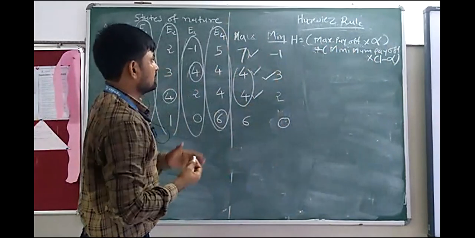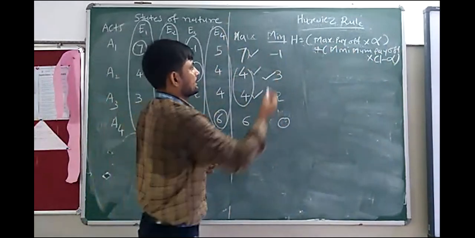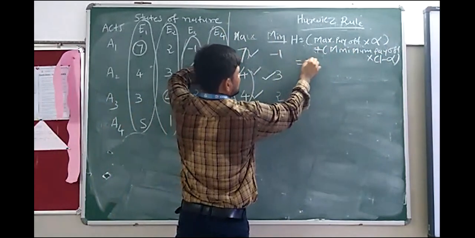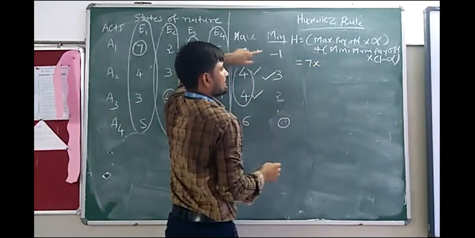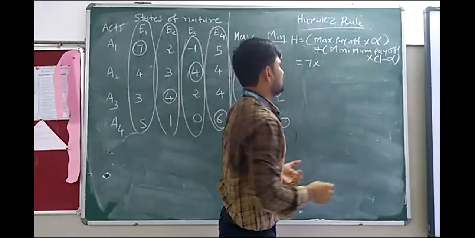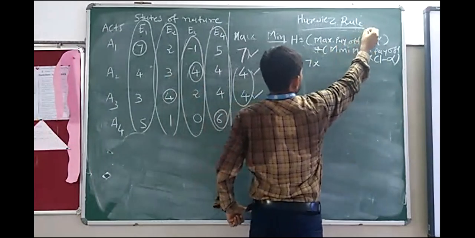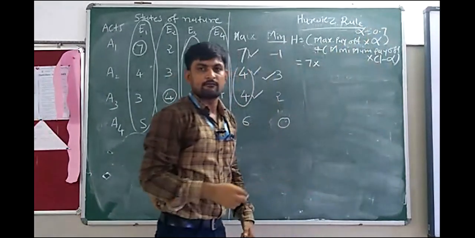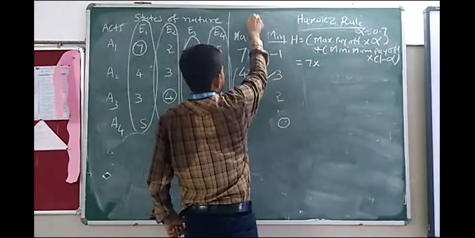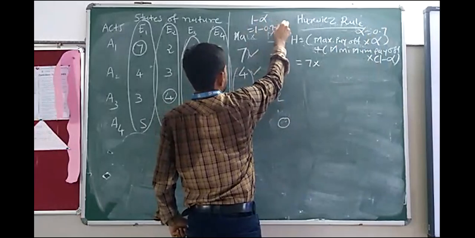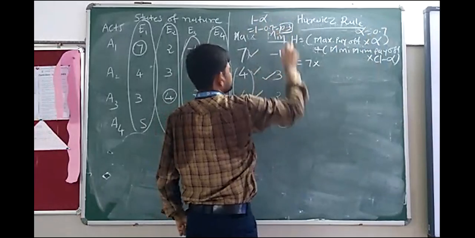So now we'll find H directly. Okay. So here maximum is 7 into, what is alpha in the question? I think it is 0.7. So here, let me write alpha is 0.7. So 1 minus alpha is 1 minus 0.7, that is 0.3.